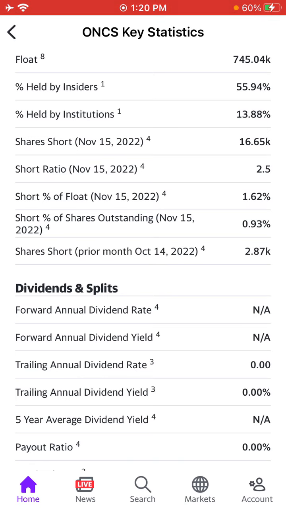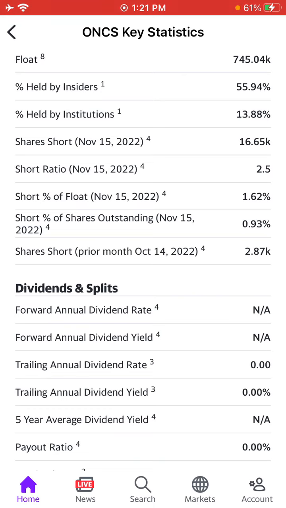For me, I'll say the more accurate float, assuming they did the 1 to 22 reverse split, and once we looked at that previous 10K file, we knew at the end of November the float was 39 million, and then we divided it by 22, so I don't see how they're coming up with this number.